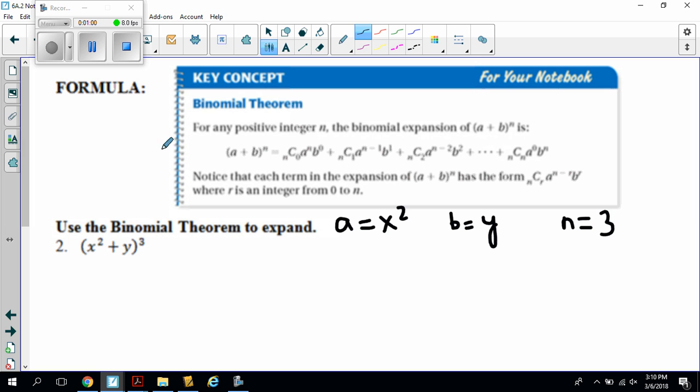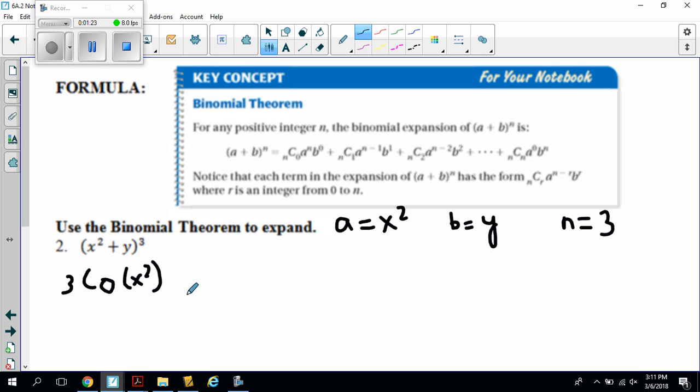So starting off writing this, we're going to use combinations. Now, since our n value is 3, we're going to use the third row of our Pascal's triangle to help us for our combination. So we start off with 3 choose 0. So 3 is our n value. Now we're going to take our a value, which is x squared.